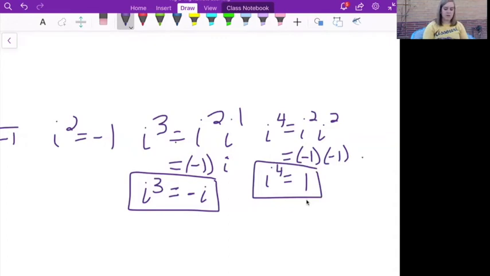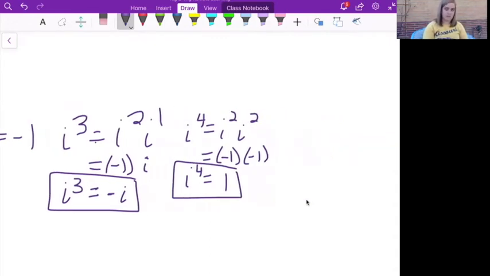Then if we did I to the 5th, this would be I to the fourth times I. And I to the fourth, we know is 1, so this would be 1 times I. So I to the fifth would just be equal to I.